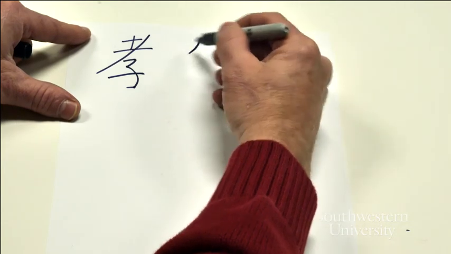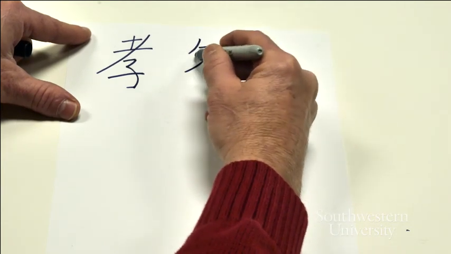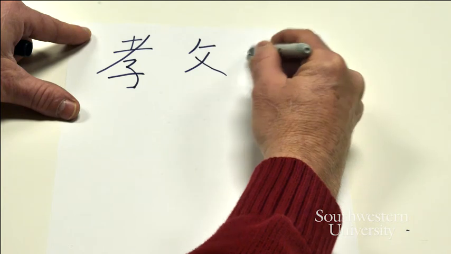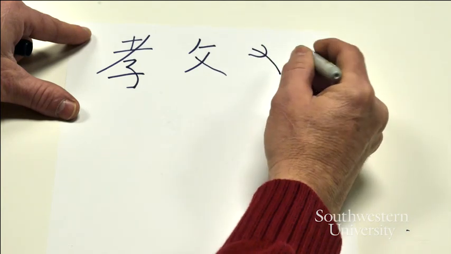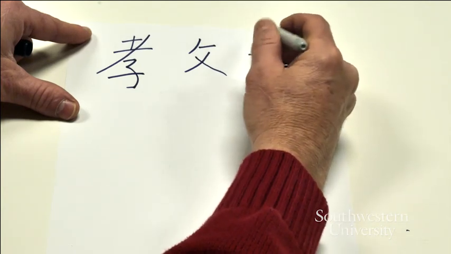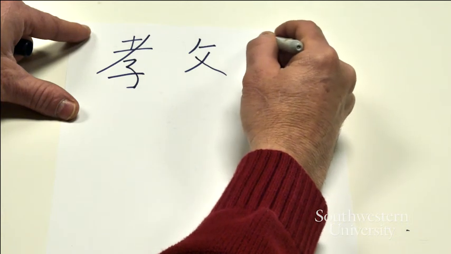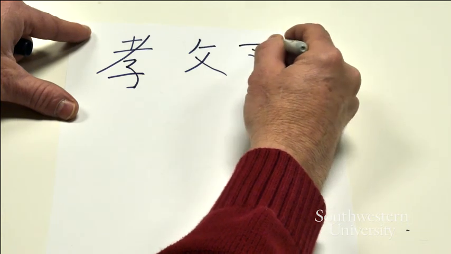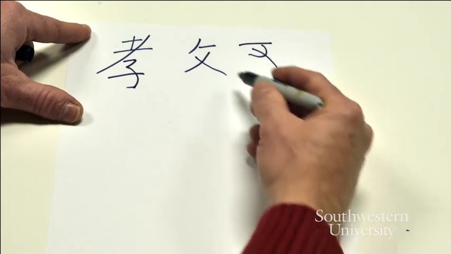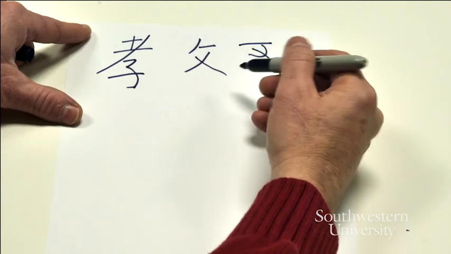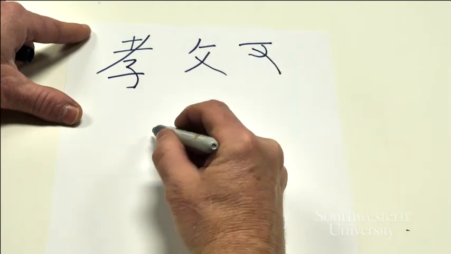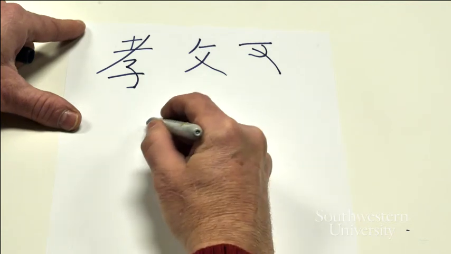On the right-hand side, you have bu, which anciently means to strike or hit. So like the Board of Education, I don't think that's how it's related here. But it actually depicted a hand holding a stick. That might help you remember it. So here we have the character jiao, to teach.